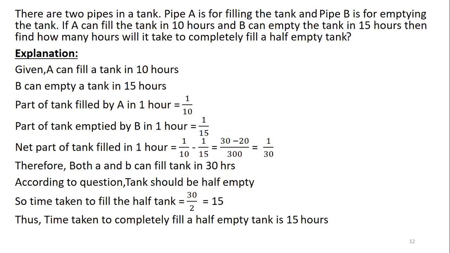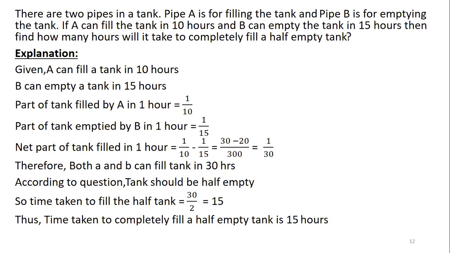Now the part of the tank filled by A in 1 hour is 1 by 10, whereas the part emptied by B is 1 by 15. Now the combined work of A and B is 1 by 10 minus 1 by 15, you get 1 by 30. So 1 by 30 part of the tank is filled in 1 hour.